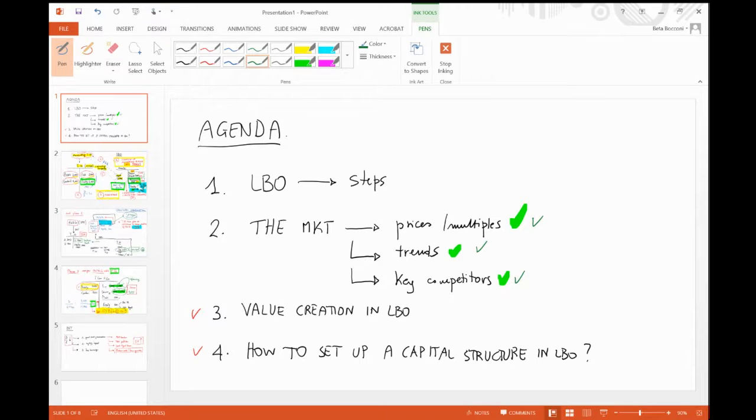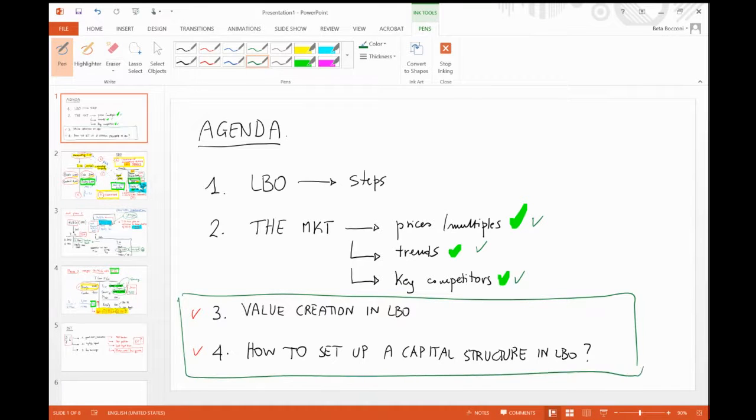Let's now move, in the final part of our session, to the technical part: value creation in LBOs and how to set a capital structure in an LBO. Mr. Luongo last week has already mentioned the way a private equity investor can create value in the investee company.